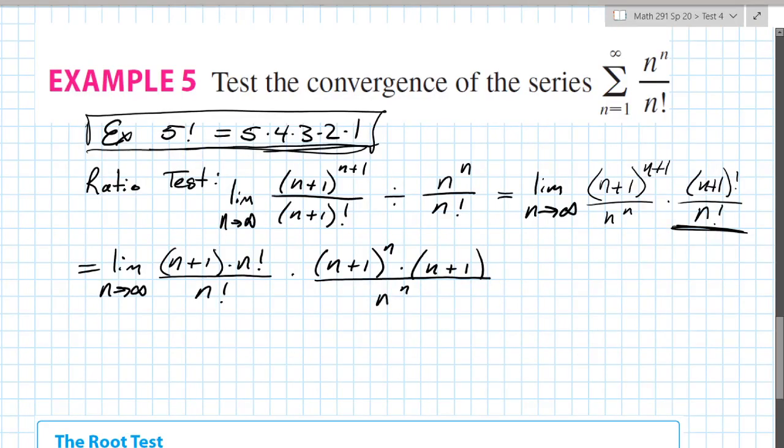So I use that same technique as before. Here, n factorial and n factorial, those are the same amounts. Next, I can combine my fractions together a little bit. So what do we have that we can combine?